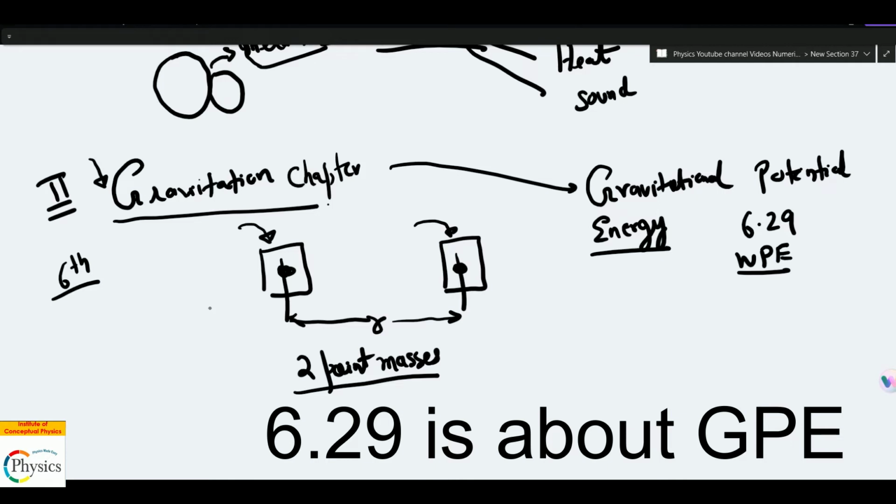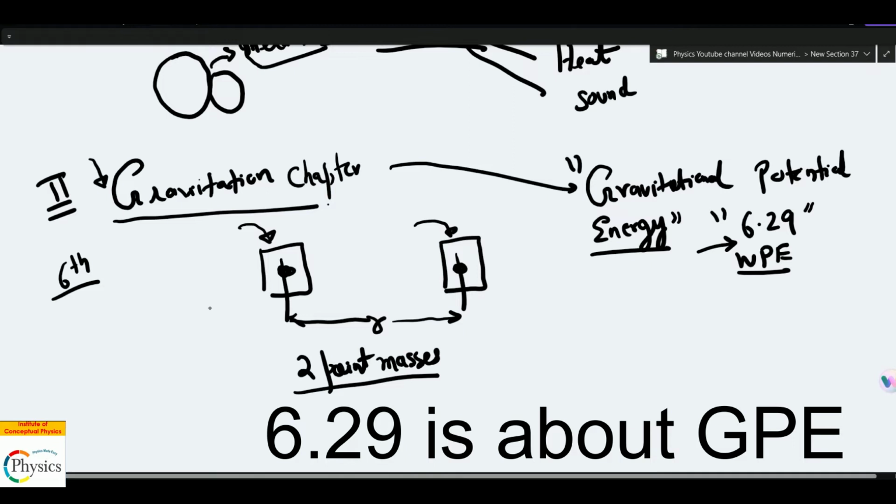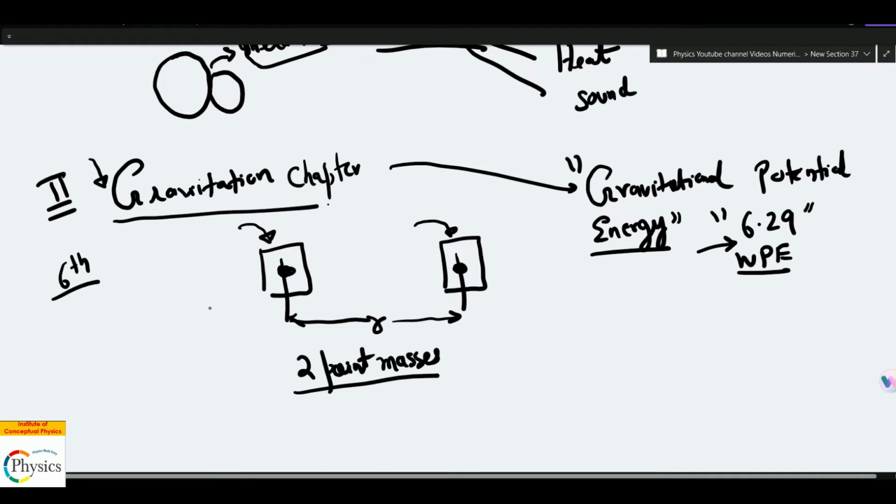It is from the chapter of gravitation actually. If you're not able to solve it, please do not feel disheartened because you don't know gravitational potential energy. Unless you know what it is, you will not be able to solve this problem.